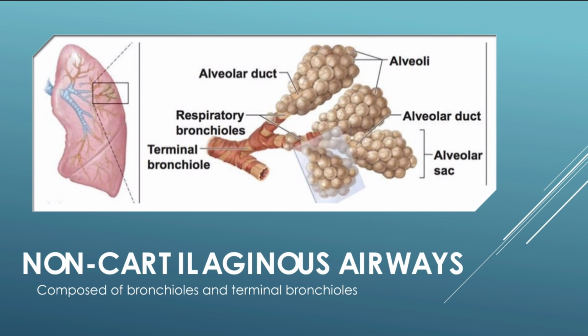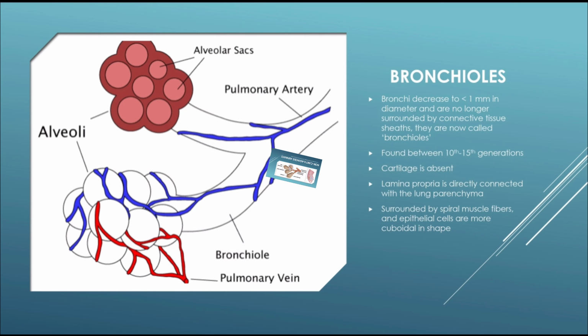So now we're getting into the non-cartilaginous airways, also known as the respiratory zone, and this is where gas exchange happens. It is composed of the bronchioles and the terminal bronchioles. We're going to go into the bronchioles first, and this is when the bronchi has decreased to less than 1 millimeter in diameter and is no longer surrounded by connective tissue sheaths, and they are now called bronchioles.